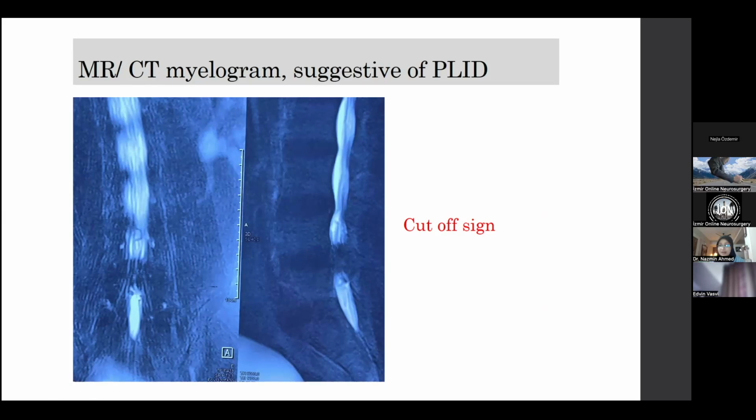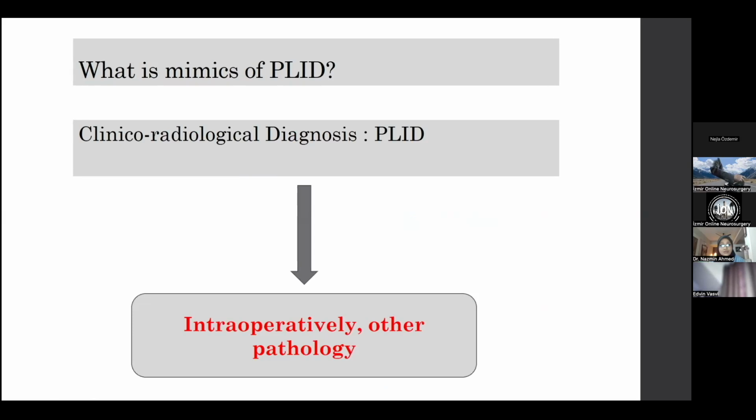So I am now entering today's topic, that is, what are the mimics of prolapsed lumbar intervertebral disc. In my previous slides, I have already given a general overview of prolapsed lumbar intervertebral disc. For the convenience of my audience, I have divided this entity into two segments.